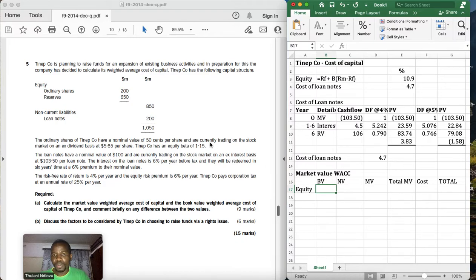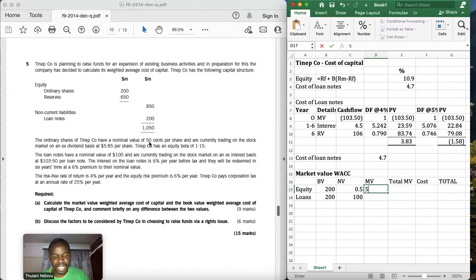Then our book value for equity, we have got 200, our loans, the market value, we also have got 200. The nominal value of our shares is 50 cents, the nominal value for our loan is 100.